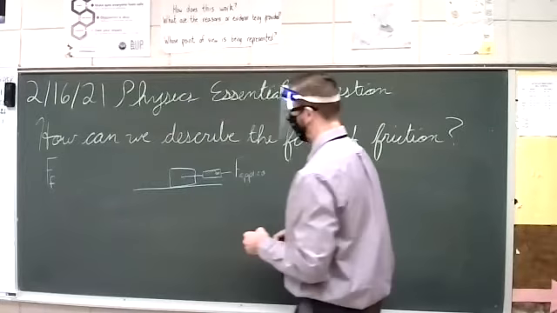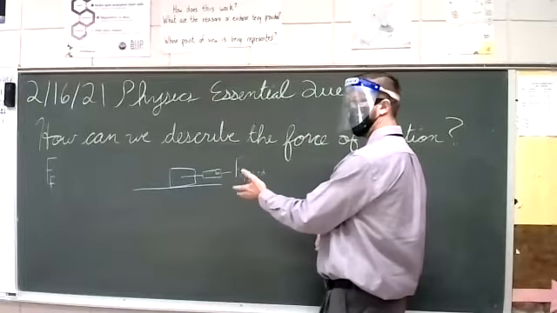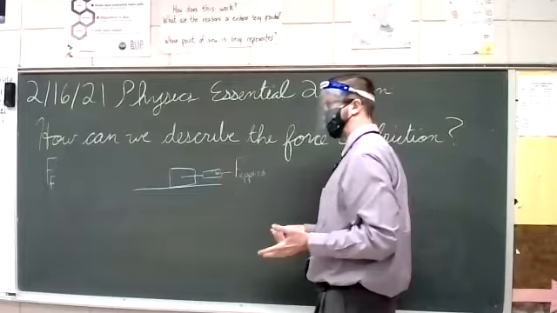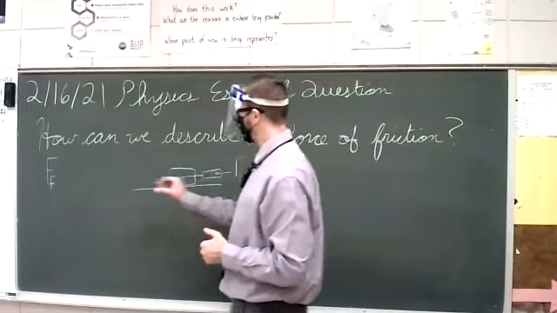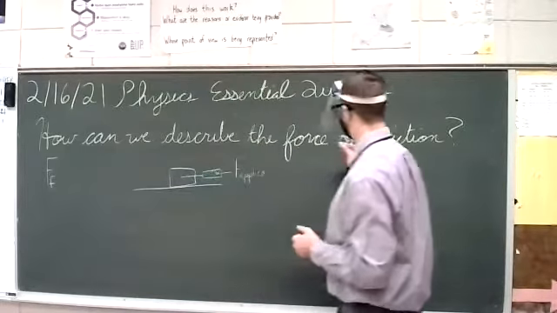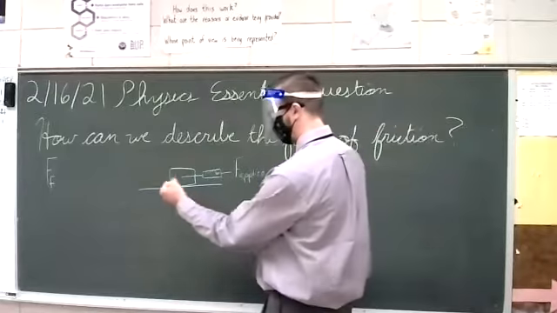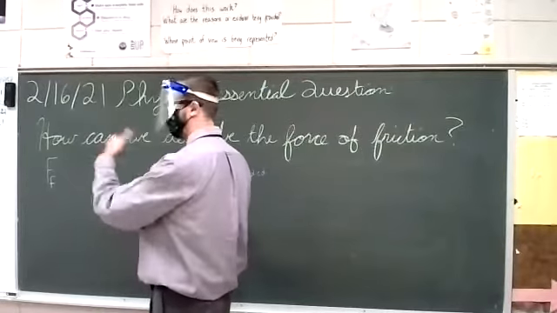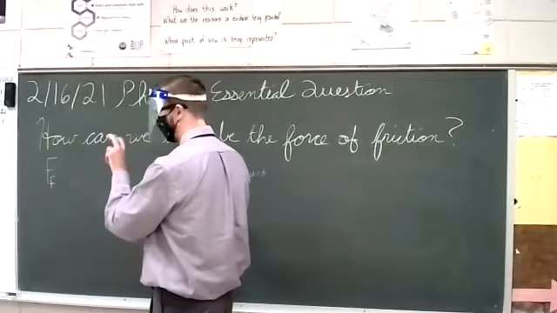Okay. As we slide an object across a surface, there's going to be a resistive force. You've experienced this resistive force in your own life. We call that friction. It's the focus of today's question. As we slide this block across the lab bench or a piece of wood or the gym floor or whatever surface, friction exists between the two surfaces.